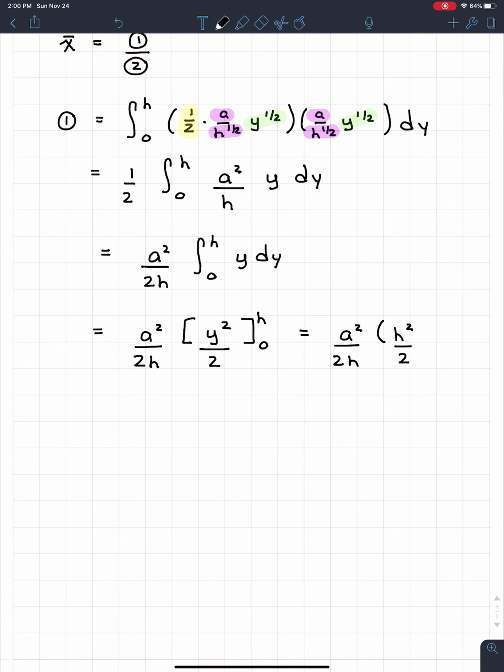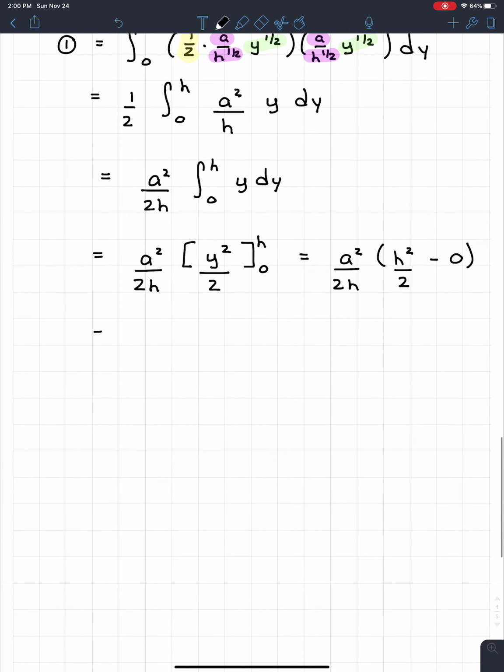And if you want to show the full integral, you'd go minus 0 squared divided by 2, which is just equal to 0. So now we can put those two together. We have a squared divided by 2h, and we're going to multiply that by h squared divided by 2.